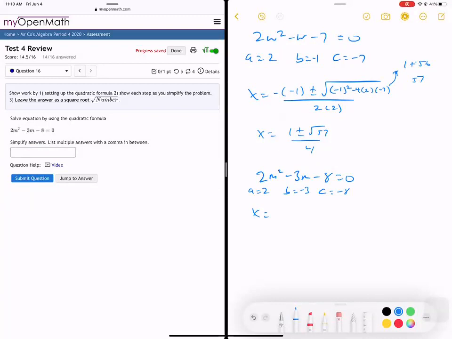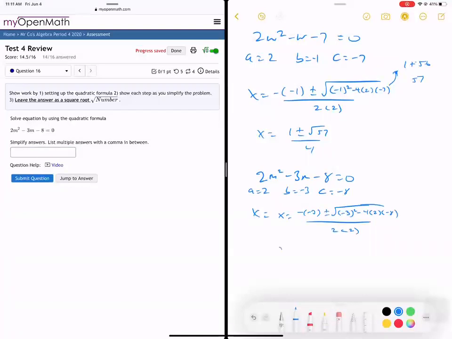Jasmine, can you go ahead and write down the question? x equals negative b plus or minus the square root of b squared minus 4ac, all over 2a.